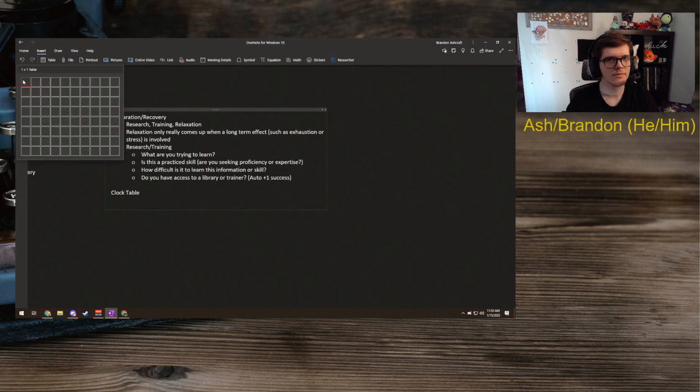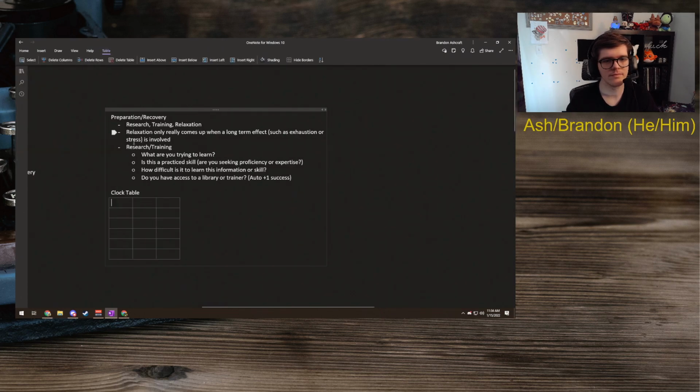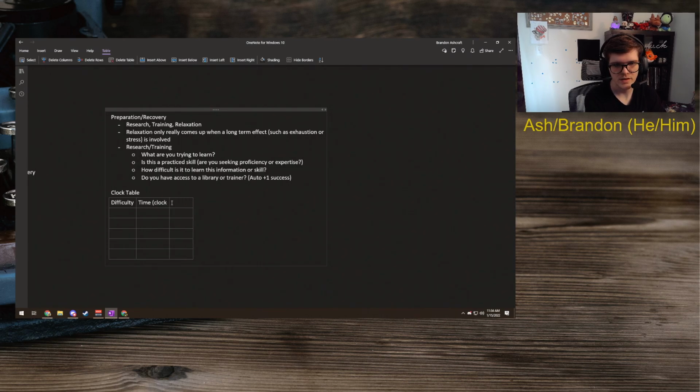Header, or no, trivial, easy, medium, hard, deadly. Okay, so difficulty, time, and this is block, and then cost, GP.